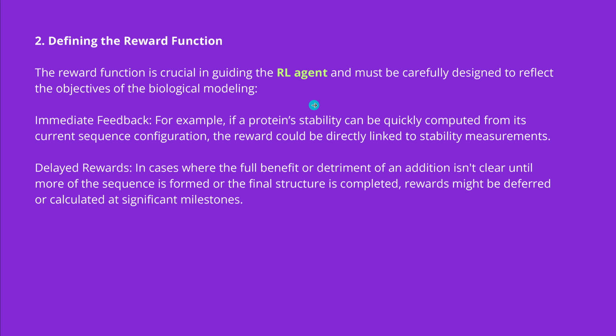If a protein stability can be quickly computed from its current sequence configuration, from the new molecular compound added to the three-dimensional molecular structure, the reward could be directly linked to the stability measurements. So if you have a computer simulation that goes in real time, you get exactly the feedback from the environment, and you can say, this is a stable configuration, yes or no.